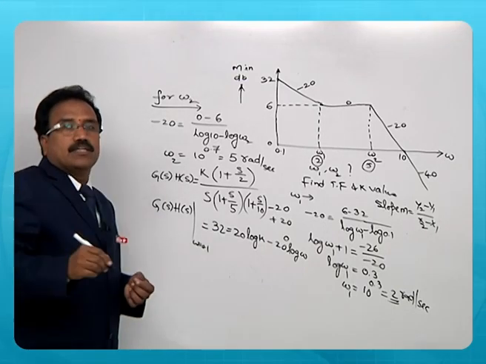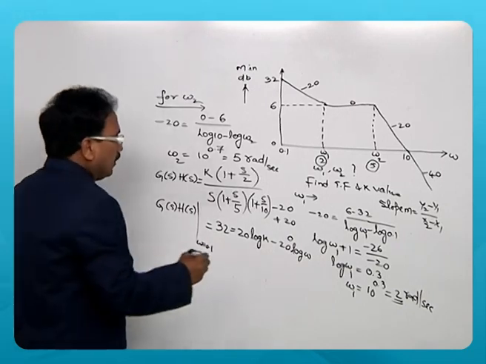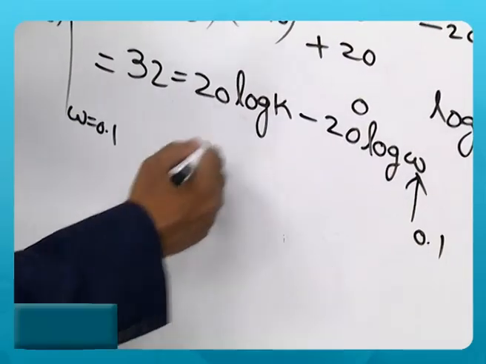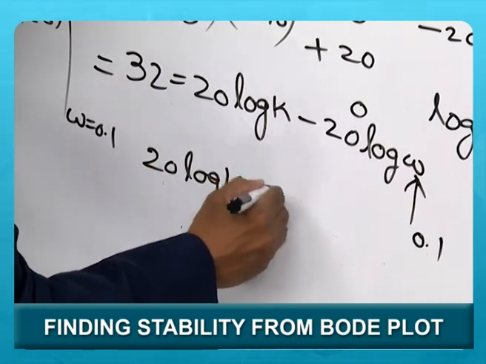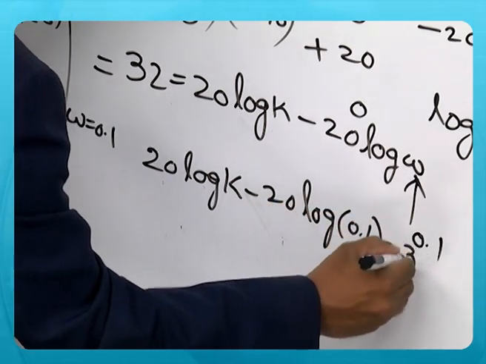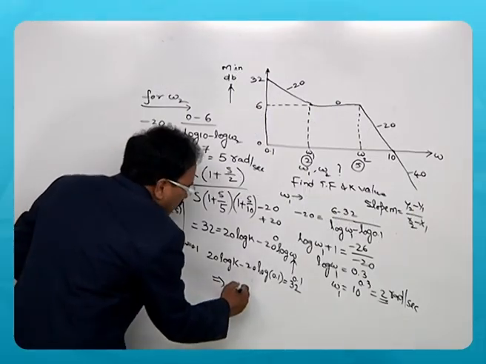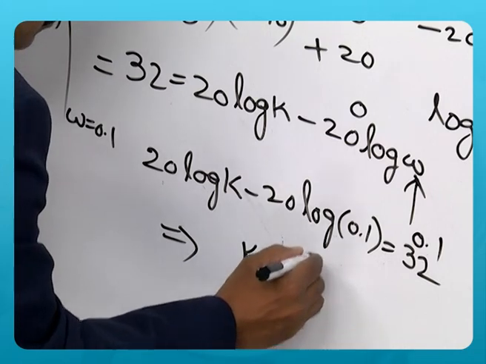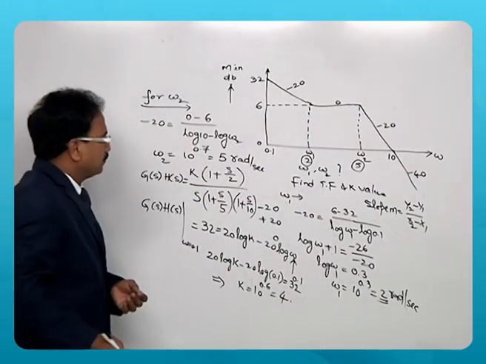So with omega equal to 0.1, 20 log k minus 20 log 0.1 is equal to 32, and from this you should get the value of k as 10 power 0.6, and it is equal to 4.